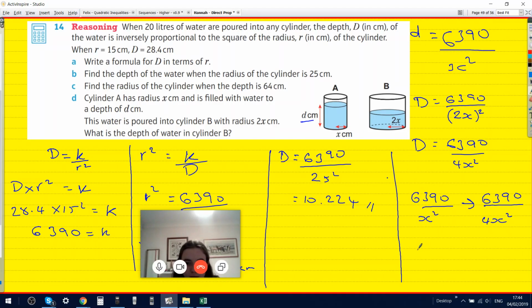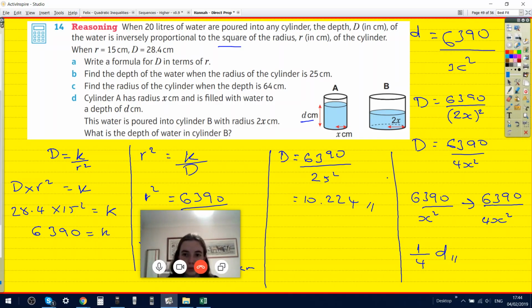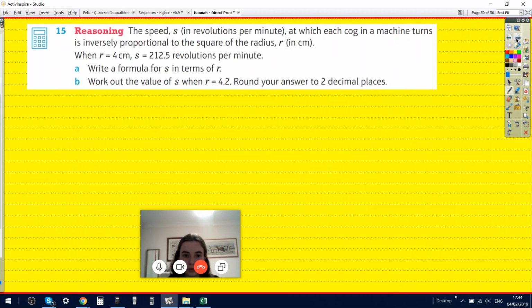Quarter D. Well done, a quarter D. So you might think, well, it's a half D because it's double the radius, but because it's square proportion, it will be a quarter D because 2 squared is 4. Any questions there? No. Okay, so we did a real tricky one. I'm happy with that.